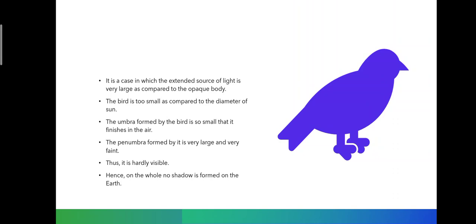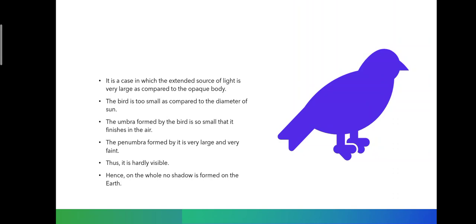The bird is too small compared to the diameter of the sun, so the umbra formed by the bird is so small that it finishes in the air.